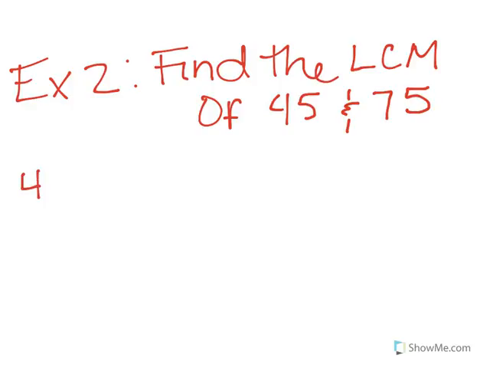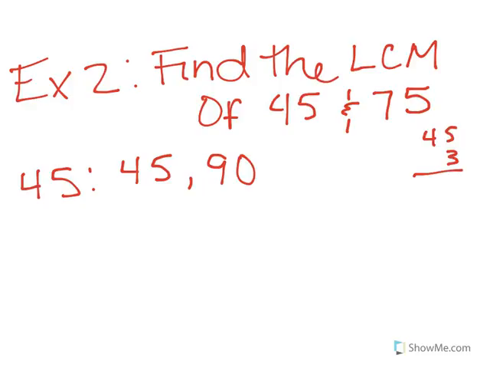I'm going to list out the multiples of 45 first. 45 times 1 is 45. 45 times 2, let me think, is 90. 45 times 3, you might have to do some work: 5 times 3 is 15, carry the 1, 4 times 3 is 12, plus 1 is 13.